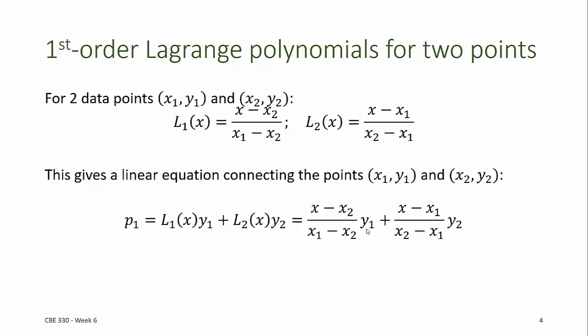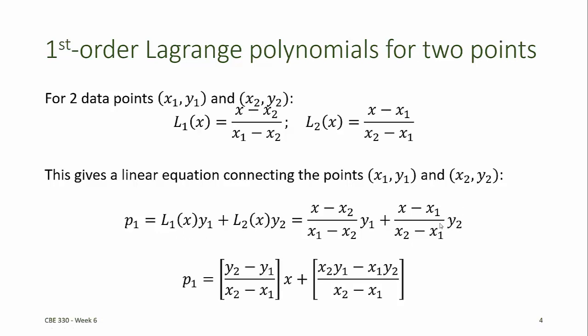Alternatively, at x equals x2, the first term goes to 0 because of the x2 minus x2 in the numerator, and the second term goes to 1 because we have x2 minus x1 over x2 minus x1. So the polynomial is equal to y2 at x2. Given the data points x1, y1, x2, y2, we can rearrange this formula into a slope and intercept formula for the polynomial p1.